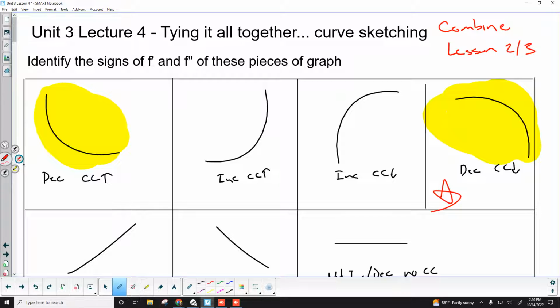Now, why? I understand why you're saying this. I understand why you think this. But your thought about increasing is not the correct thought, at least in this class. You think that increasing means we're getting further away from 0, right?